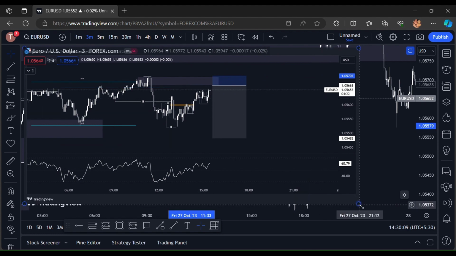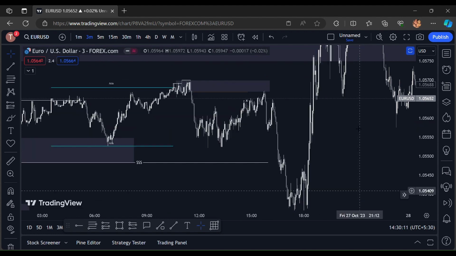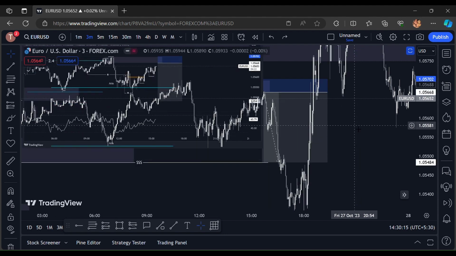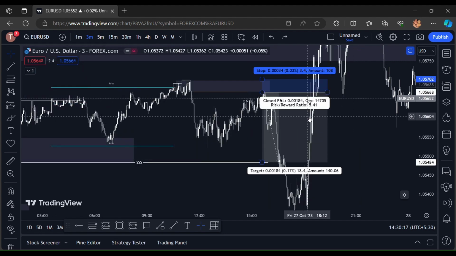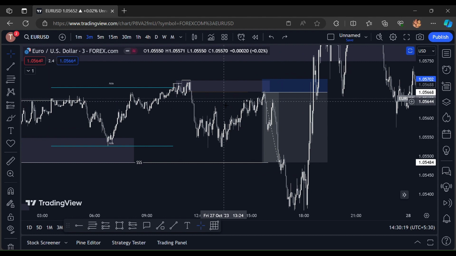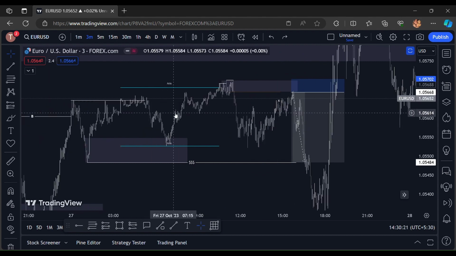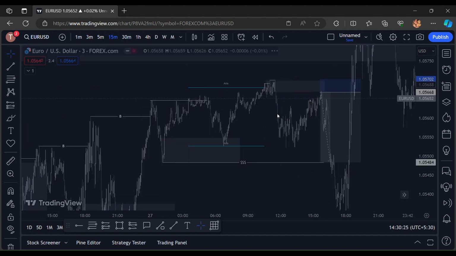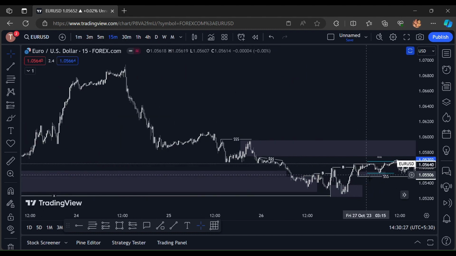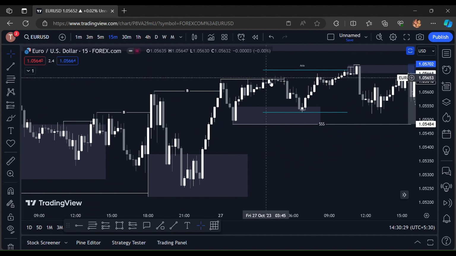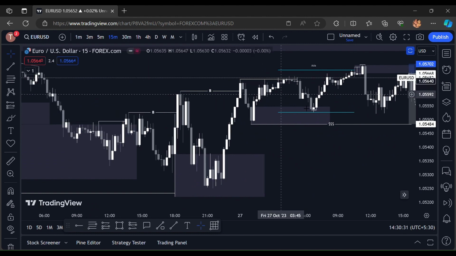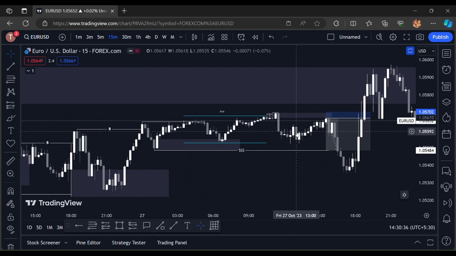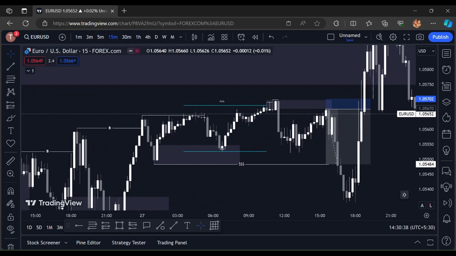So let's get started. I'll be moving it. Basically what actually happened in the higher time frames, into the 15 minutes, was that the price was sweeping the previous highs over here, and when the kill zone started at 11:30, I'll be showing you into the 3 minutes over here.